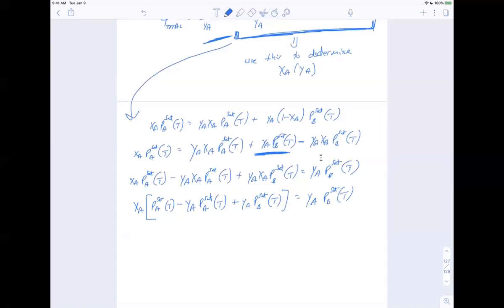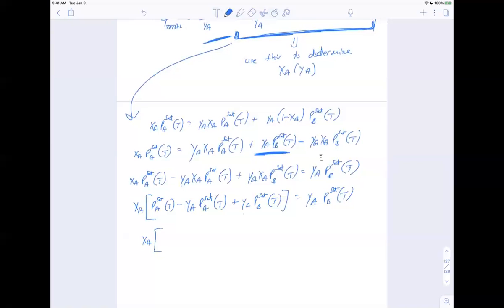All right, now let's see what we can do here. So we bring down the xa. There must be some way to combine all of the terms in this expression. There's a PA sat and a PB sat, and there are two terms with a PA sat and only one term with a PB sat.